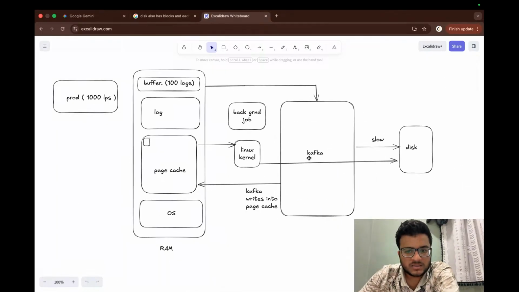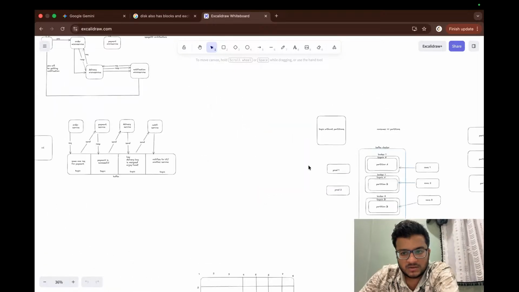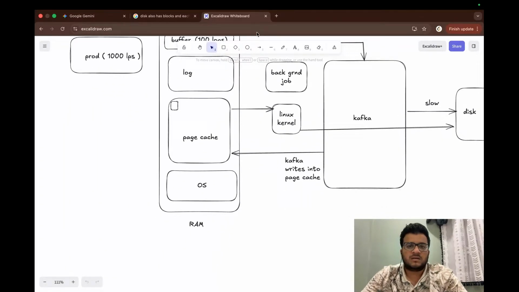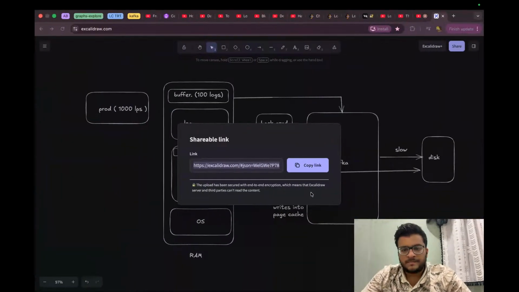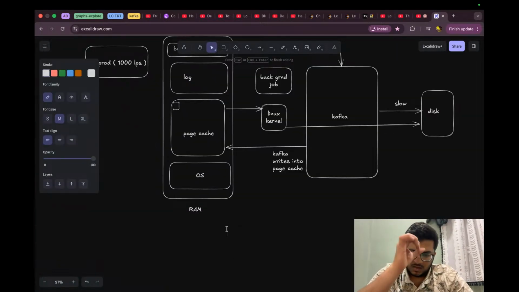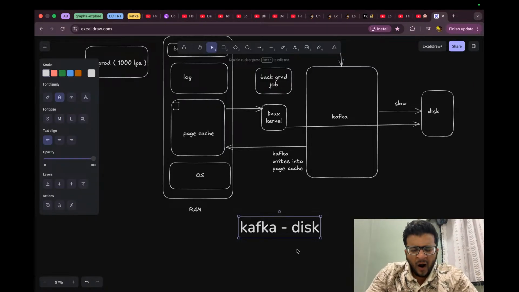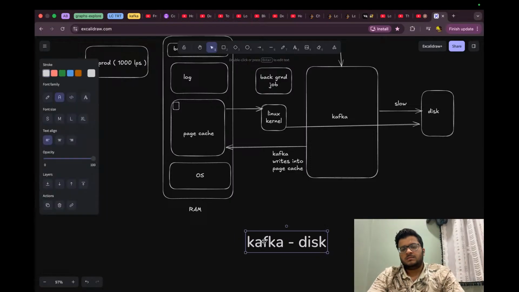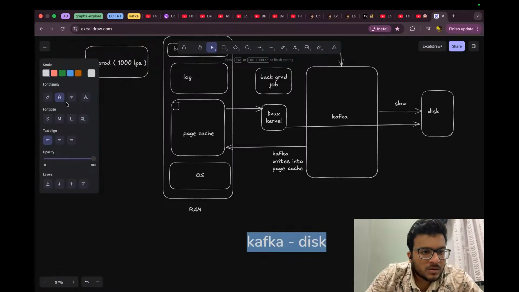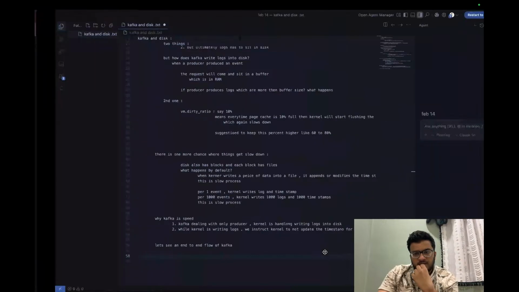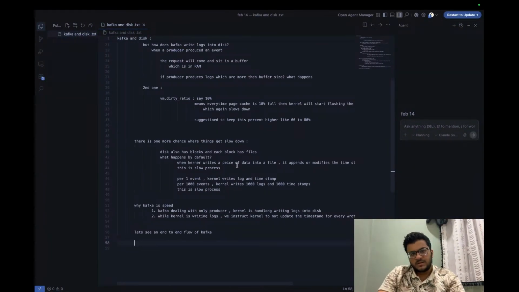There are so many diagrams, but you can see this is the correct diagram. Kafka disk. Okay, why not normal? How do we do it normal? Yeah, there's Kafka disk, and I think I shared enough information about Kafka speed and some internal details.